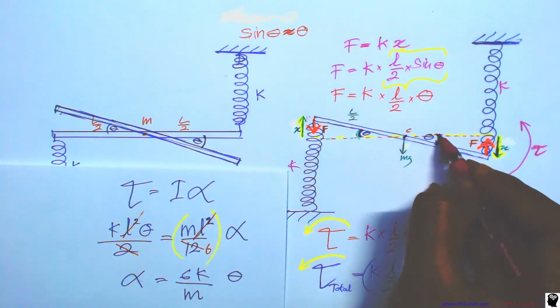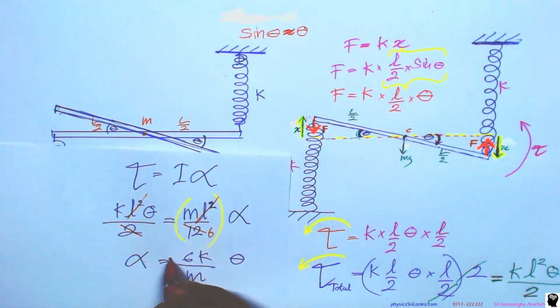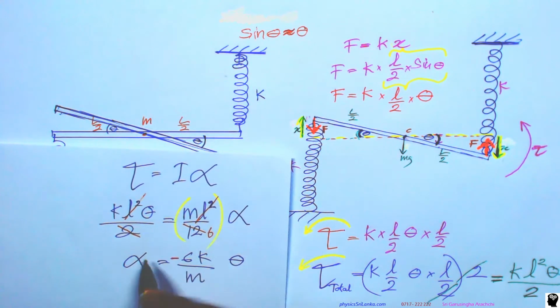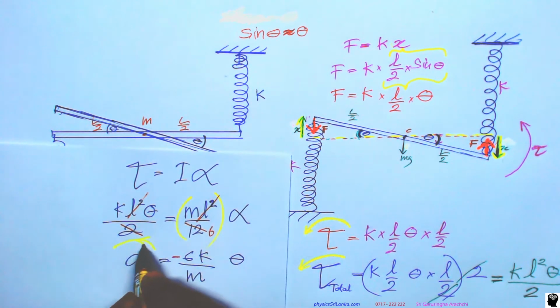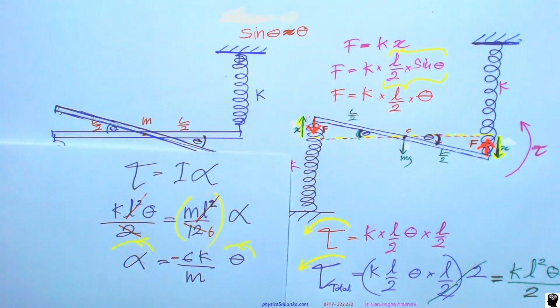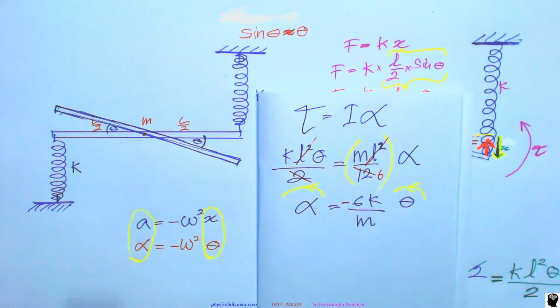So I'm going to change the direction of theta. I apply a small minus sign on this theta. So the angular acceleration is counterclockwise and theta is also counterclockwise. Now all the vectors are in the same direction. We know the standard equation of simple harmonic motion, a equals minus omega squared x. In the rotational case, we can apply the same, alpha equals minus omega squared theta.